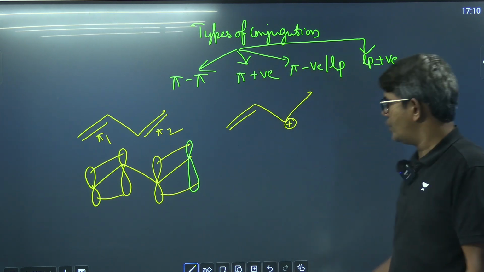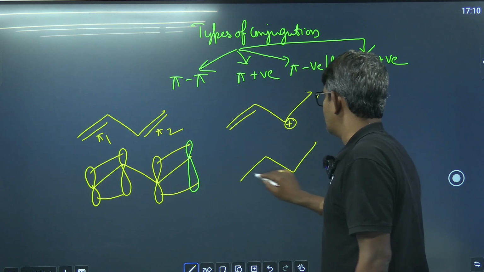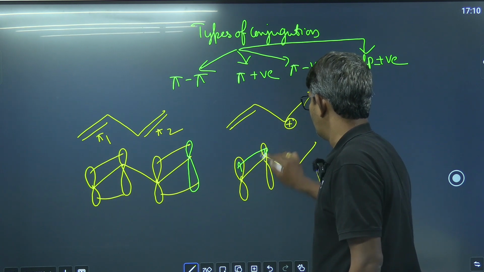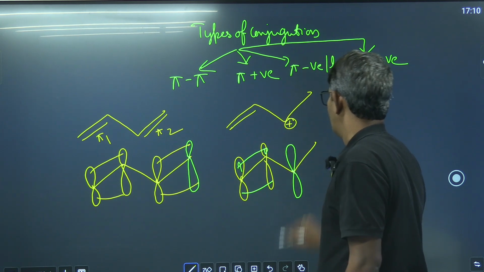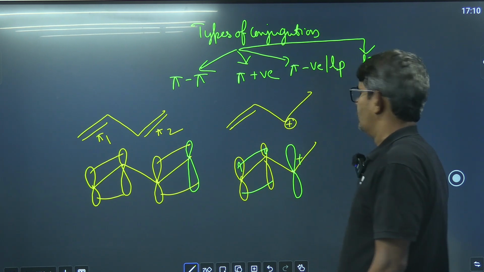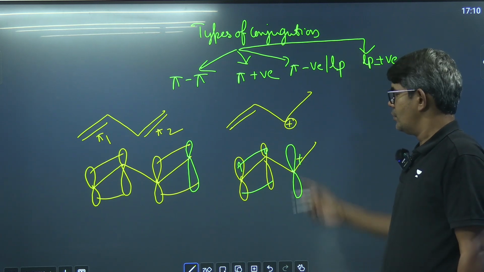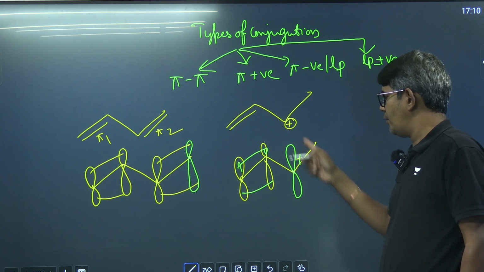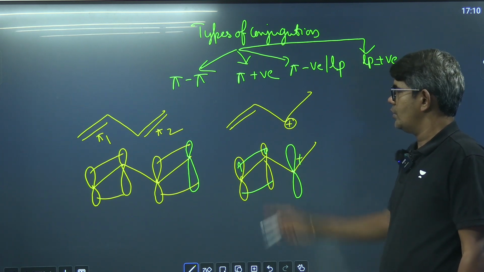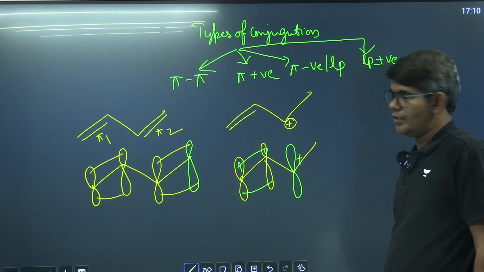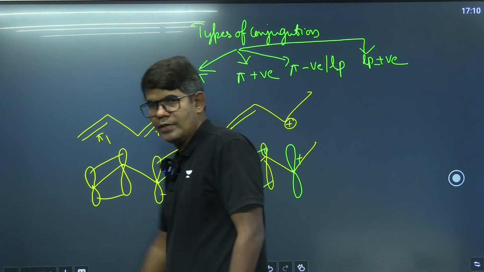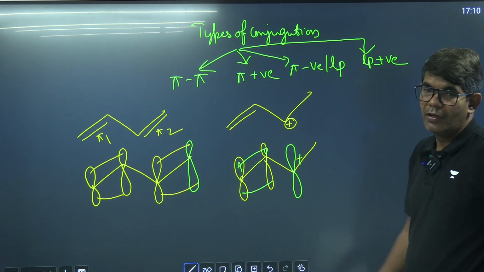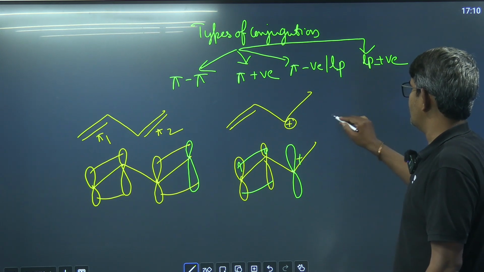Pi positive conjugation. With pi positive conjugation it is the same story, where there is an empty orbital with a positive charge. So you have this p orbital and this p orbital in the same plane with this empty p orbital. So this pi bond is in conjugation with this positive charge. Is that clear? Now you have pi negative or pi lone pair conjugation.